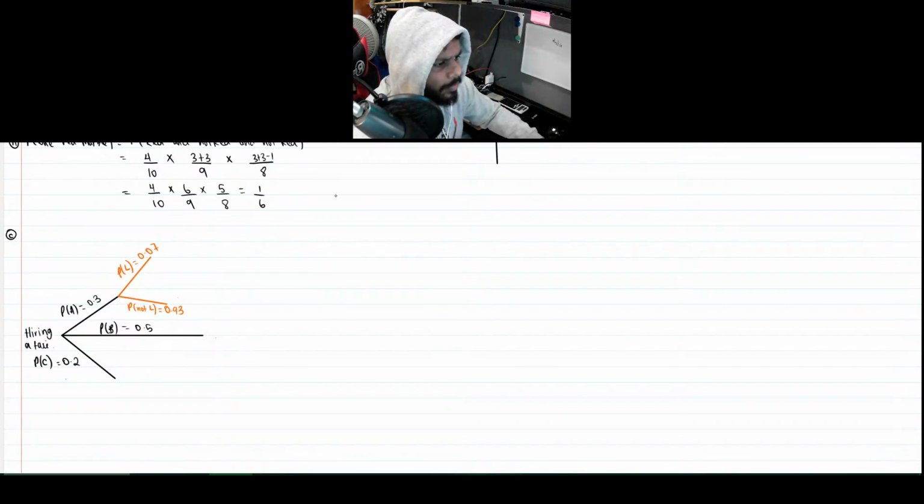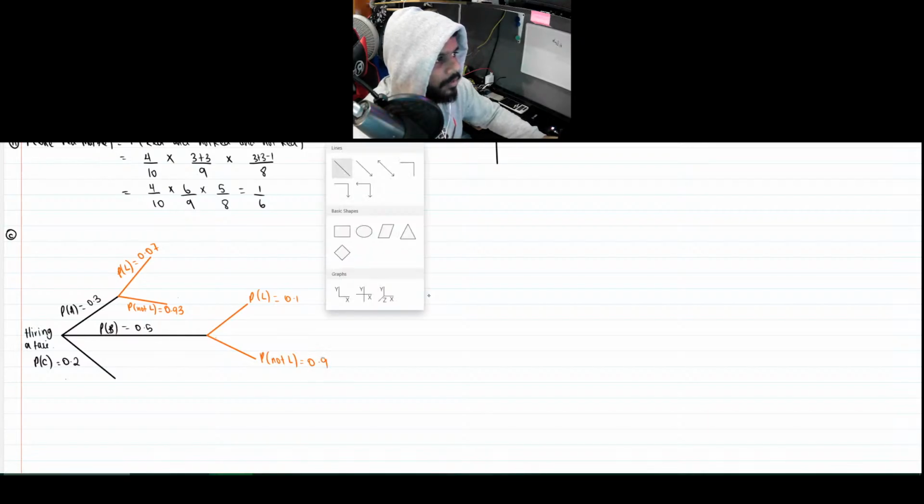Same thing for B now. We have the probability that a taxi will be late, and then the probability that a taxi will be not late. So the probability that a taxi is late from B is 0.1, and the probability that a taxi is not late is 0.9.